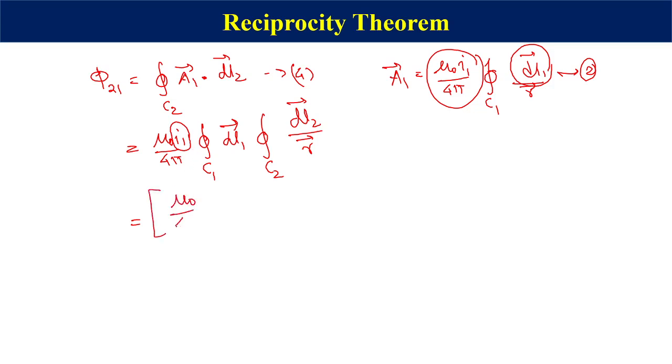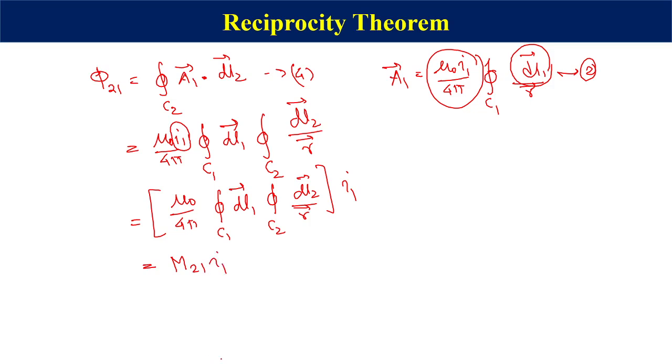That means mu naught by 4 pi, closed integral over C1 dl1, closed integral over C2 dl2 upon r, into I1. By the very definition of mutual induction, phi 21 is nothing but M21 I1.